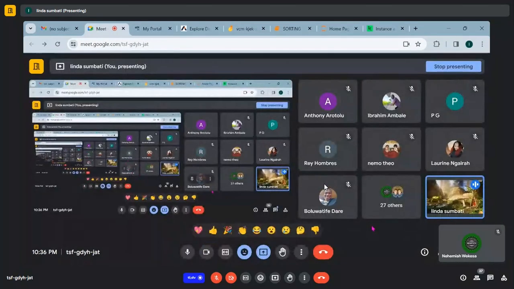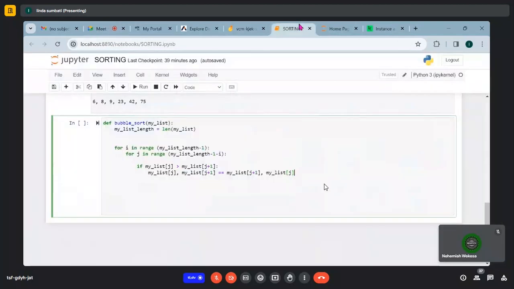Ray, you're the one who was asking the question. You wanted the first loop to just go through the length, then maybe the jth to go from the index to the last one. So you wanted us to just iterate through the entire list for the outer loop?